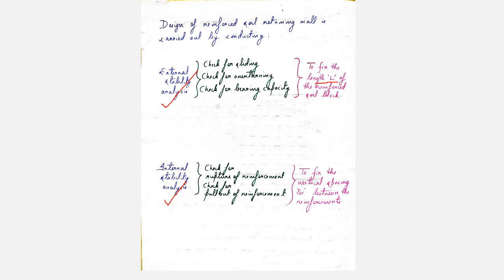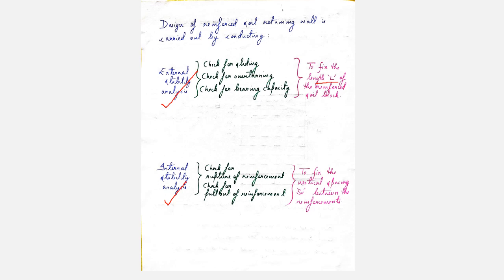The second type of failure is when the reinforcement doesn't have sufficient length beyond the rupture plane. Then, due to forces exerted on the reinforcement, there is a chance of the reinforcement getting pulled out of its location. That pulling out occurs due to insufficient embedment length beyond the rupture plane of the retaining wall. So these are the two different types of failures which can occur to the reinforcement.